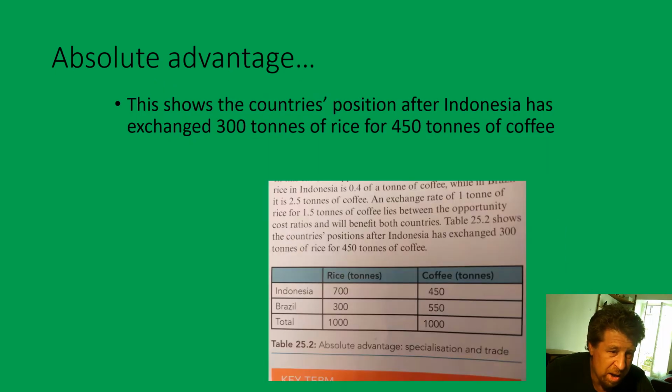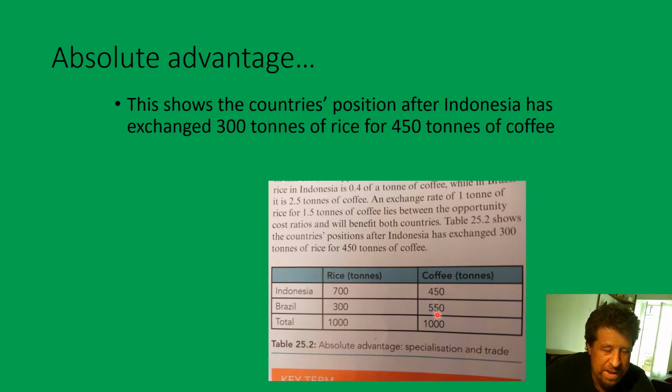If we go to the next slide and we imagine that 1 ton of rice is worth 1.5 tons of coffee, maybe Indonesia produces 1,000 tons of rice, exchanges 300, gives it to Brazil, so Brazil has 300, and Brazil, for that rice, gives it 450 tons of coffee at an exchange rate of 1.5 there.